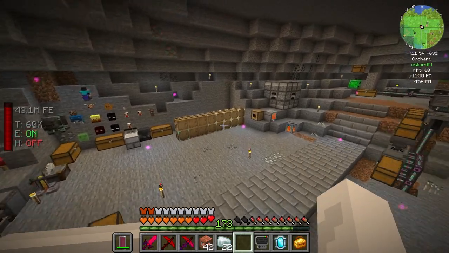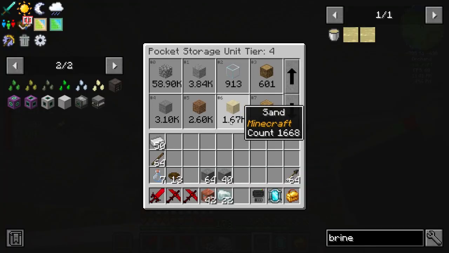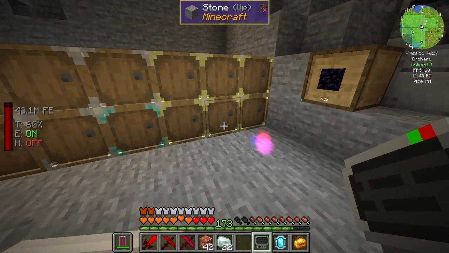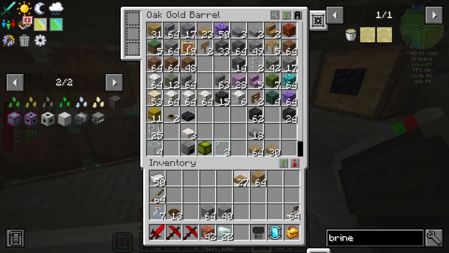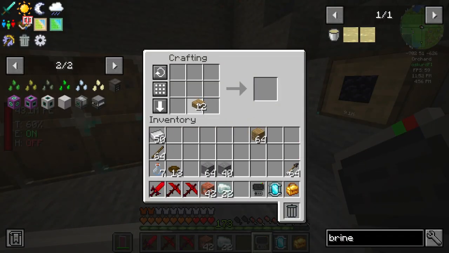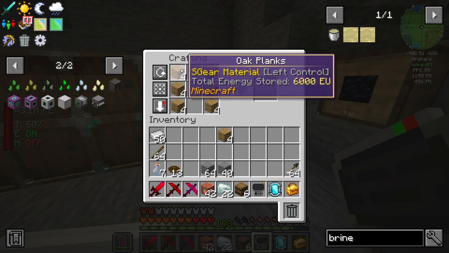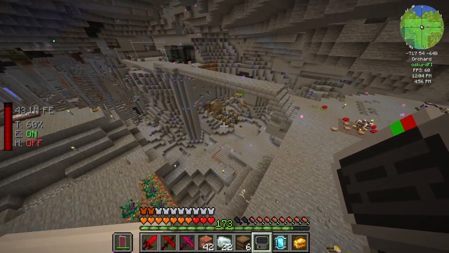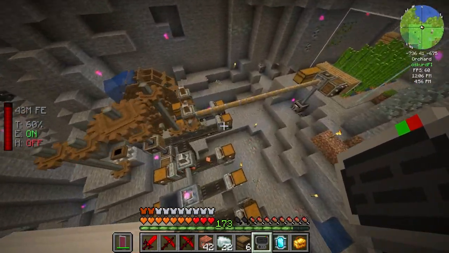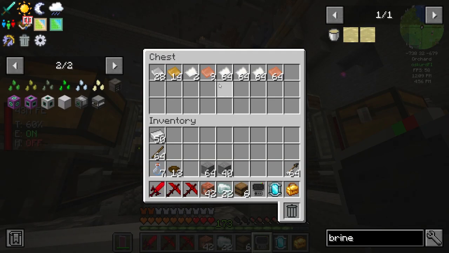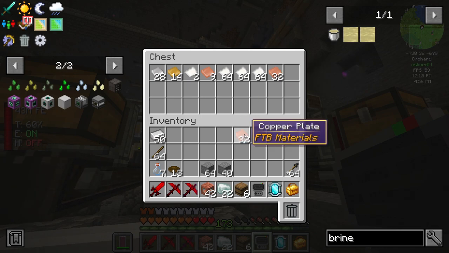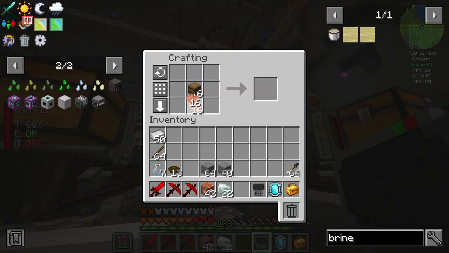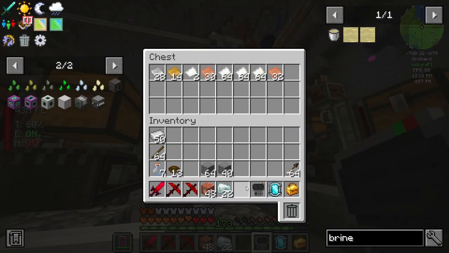We'll make some barrels. I'm still so surprised how fast this is.